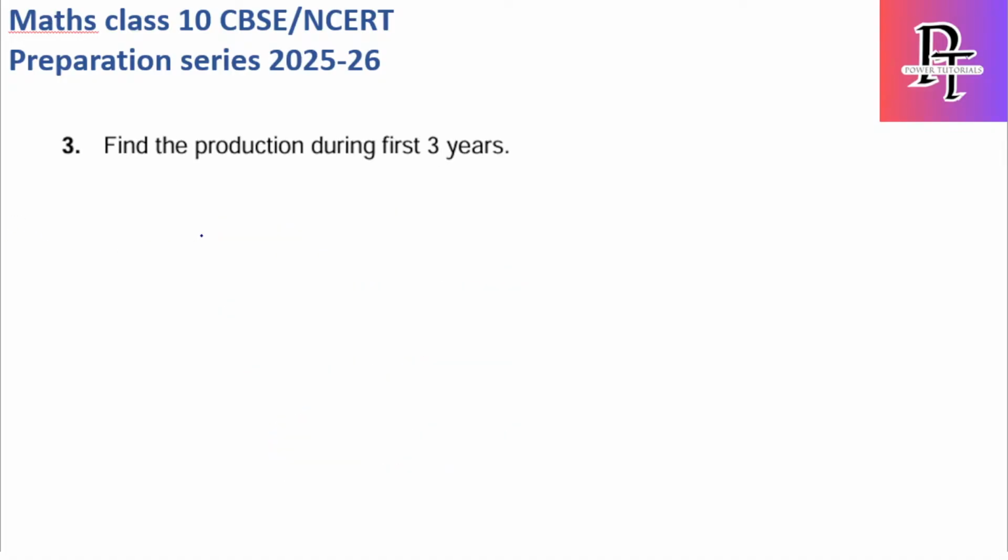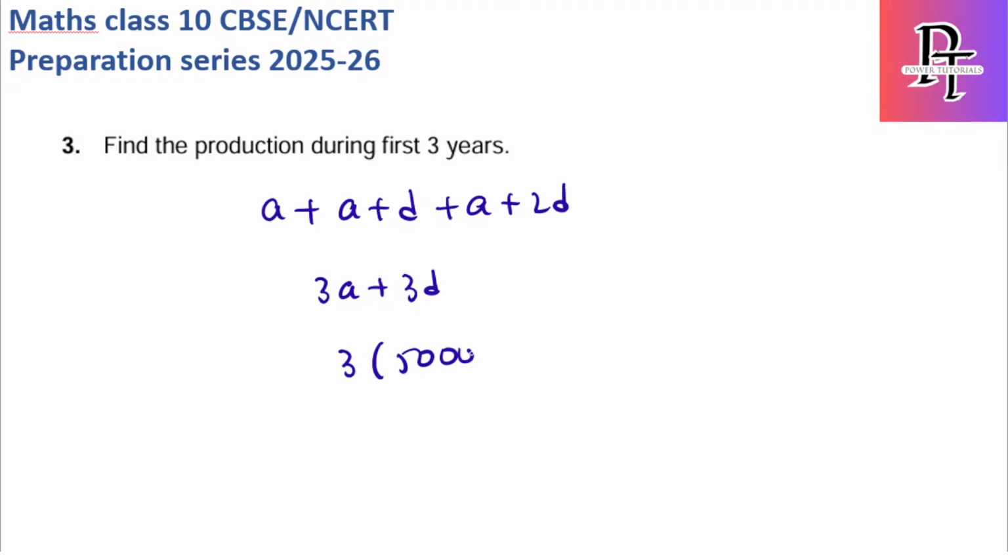Okay, what about production during the first 3 years? You have to simply add first year, second year and third year, which is a plus a plus d plus a plus 2d, which is 3a plus 3d. So you can say the a value is 5,000 plus the d value is 2,200.